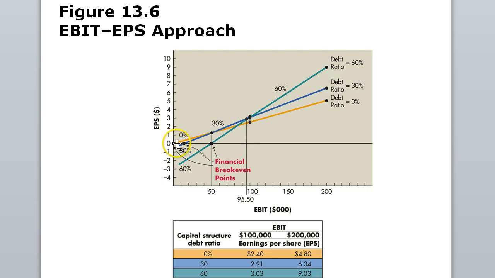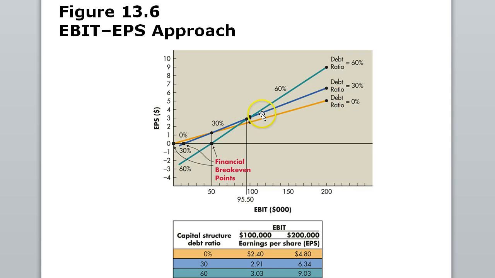As EBIT increases, the earnings per share increase, and so for debt ratio at 0%, at the 100 level this would be the 240, and at the 200 level, this would be the 480.